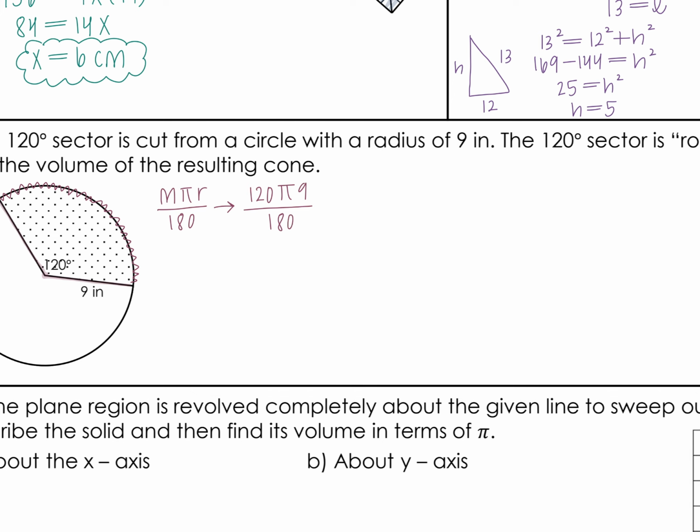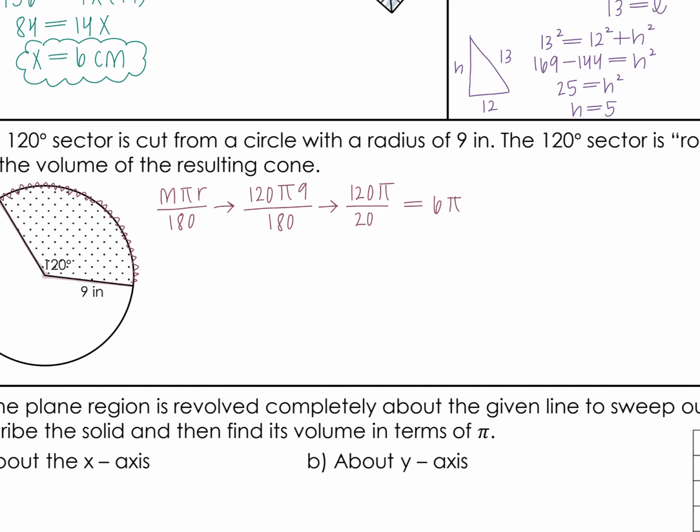So I can simplify this a little bit. So I see here that 9 will go into 180 20 times. So I'm going to have 120 pi over 20. And that just becomes 6 pi.